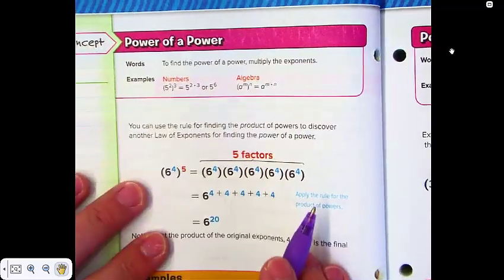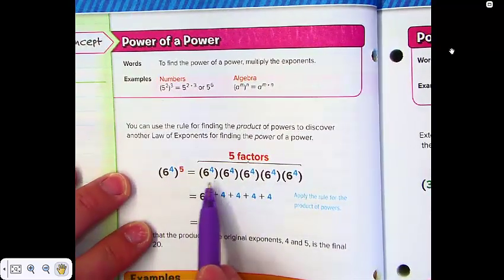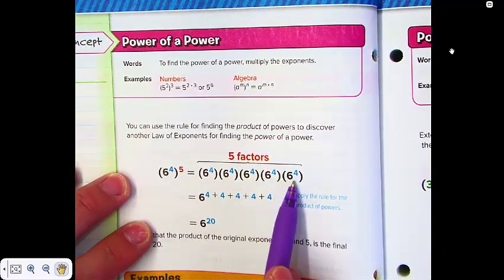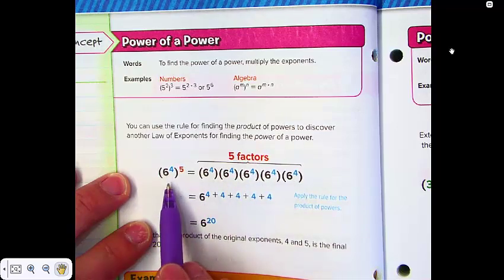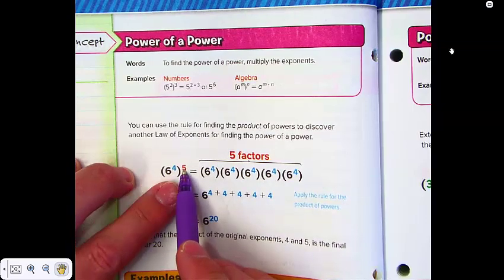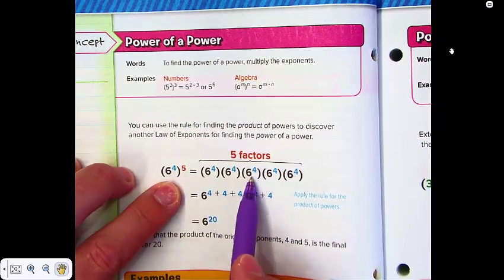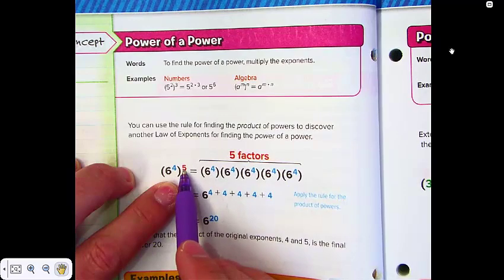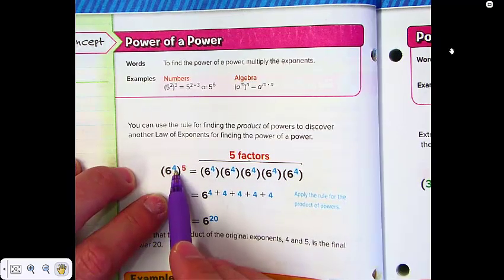Okay? So once again, if we have multiple bases here, these are all the same. If we were to basically have this 5 different times, we'd see 6 to the 4th power five times.